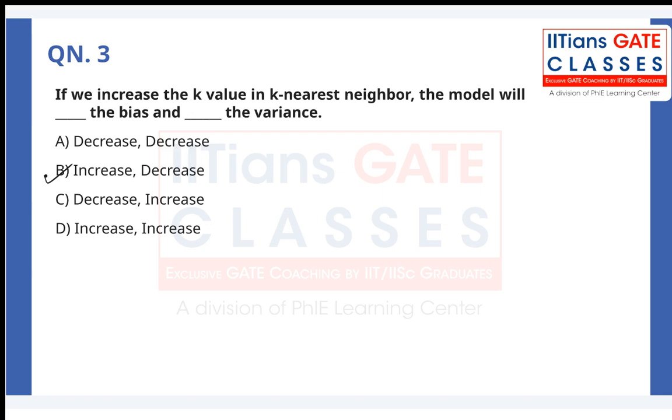Okay, variance would mean if you look at an example data point which is not in your data set, how will the predictions vary? So if you increase the value of k, then your predictions will be more spot on because you are looking at more number of values.